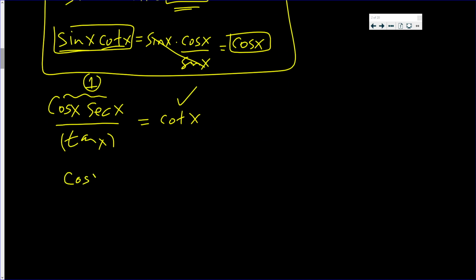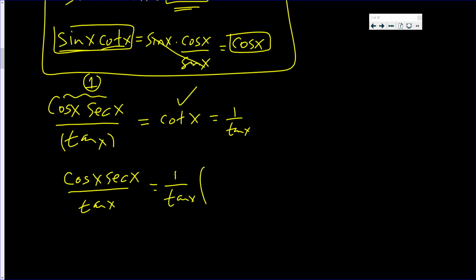So cosine x, secant x over tangent x. Now, since the tan x is in the bottom, and basically this is 1 over tangent x, I'm going to safeguard that. In fact, I might even factor it out. I don't want to lose that for the life of me.